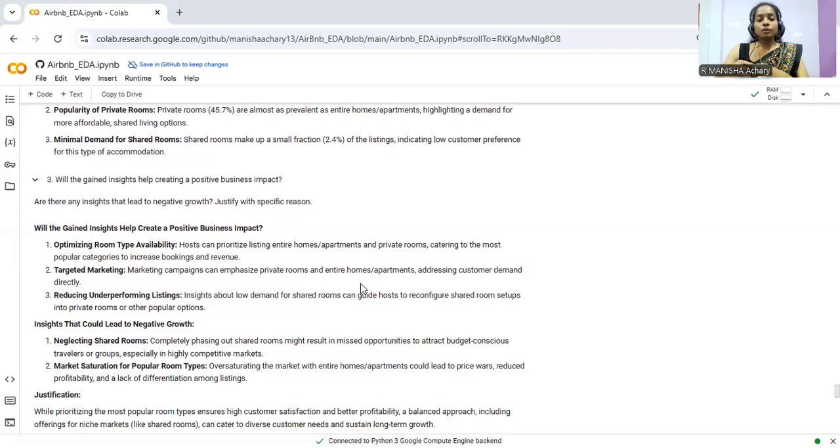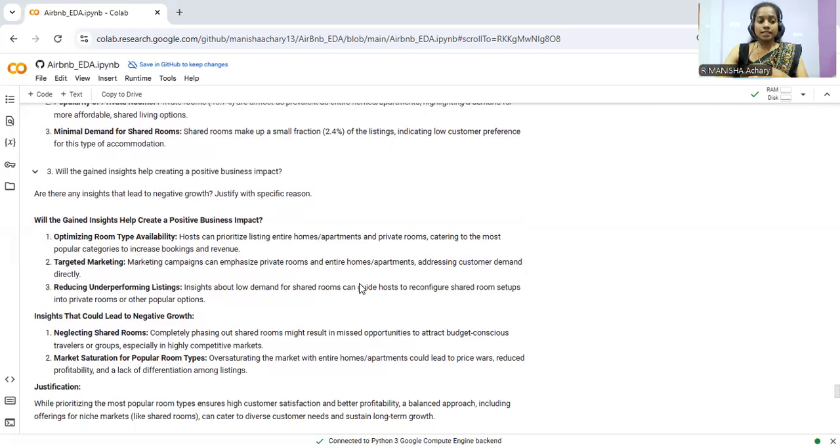Market saturation for popular room types: oversaturating the market with entire homes or apartments could lead to price wars, reduced profitability, and a lack of differentiation among listings.